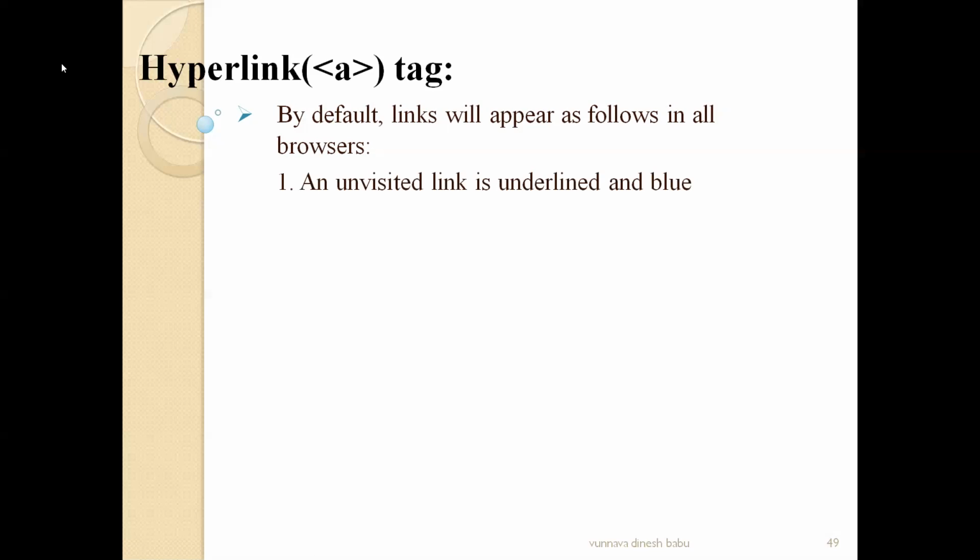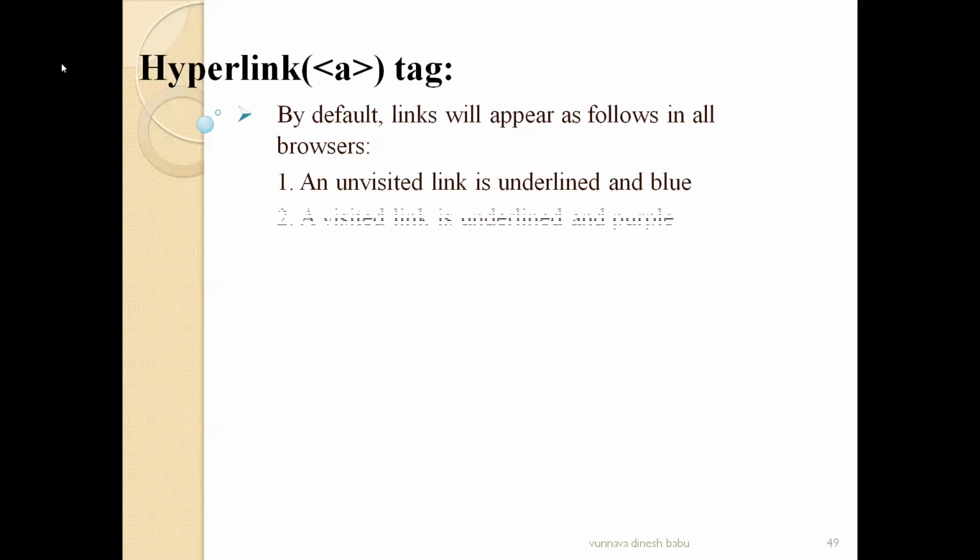So if you are reading a document, and anything is underlined and in blue color, it is a link which was never visited by the user from that particular computer system. It is an unvisited link.